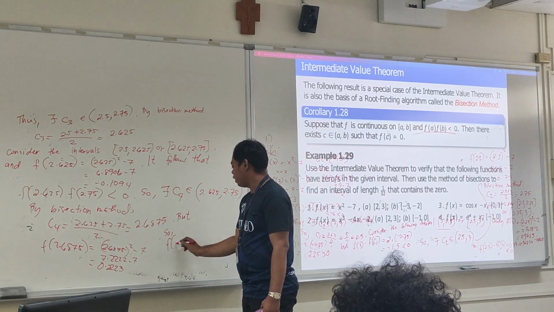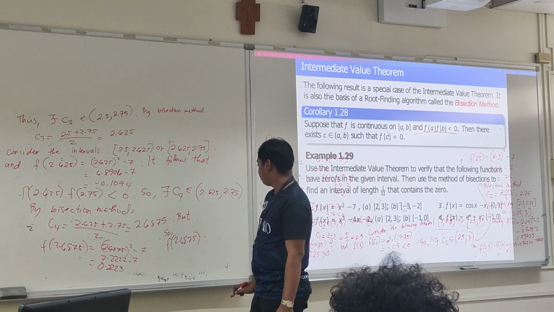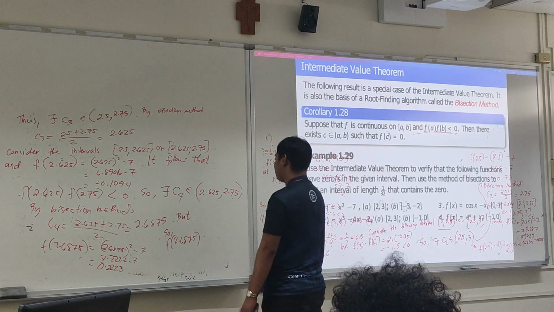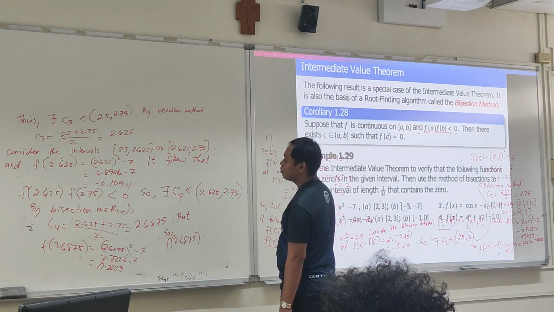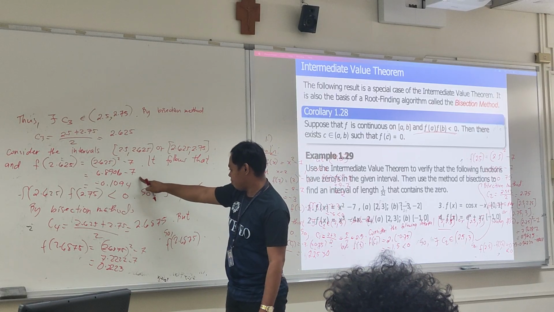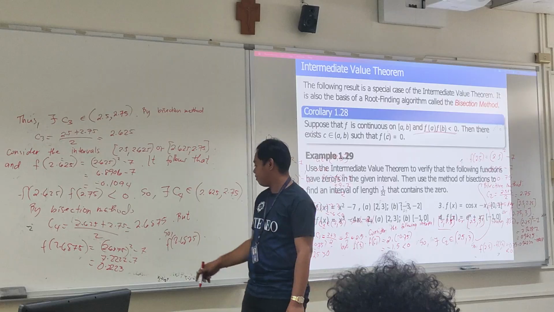F of 2.625 is negative. So negative times positive is negative.